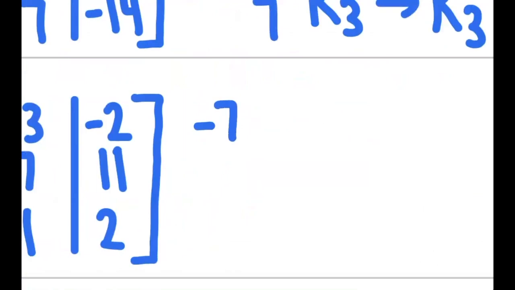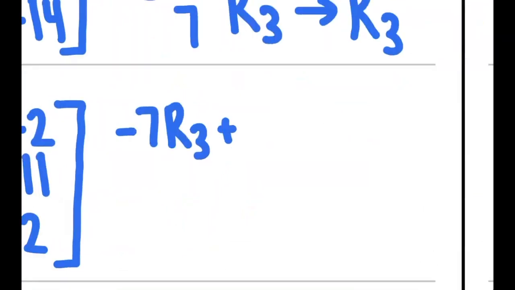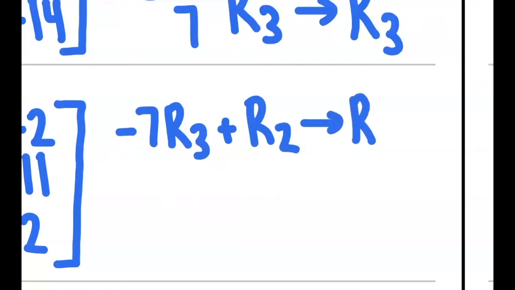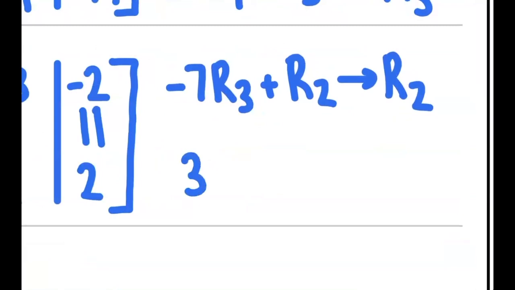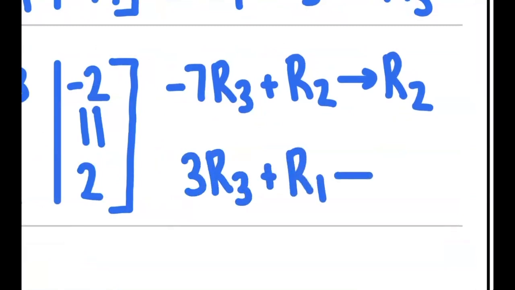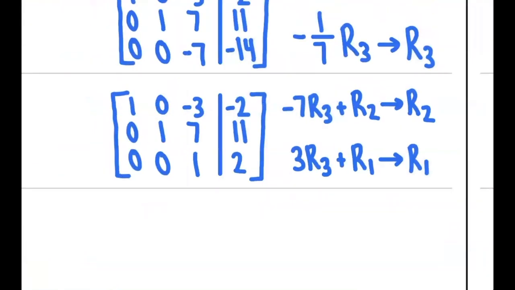Okay, so let's do -7 times the third row plus the second row, and that's going to replace the second row. And then we're going to do 3 times the third row and add it to the first row, and that's going to replace the first row.